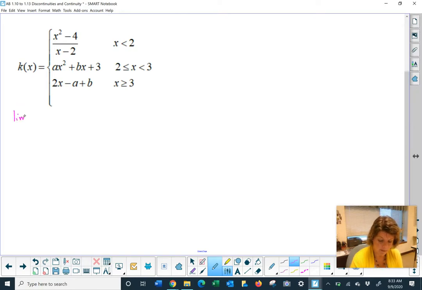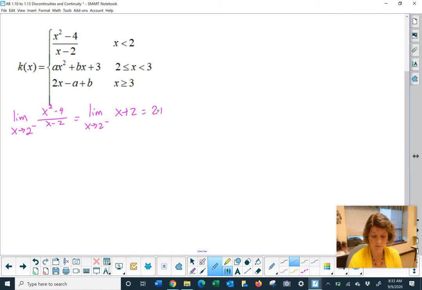The limit as x approaches 2 from the left would be x squared minus 4 over x minus 2. You've got difference of squares on top, so this will simplify down to x plus 2. I'd have 2 plus 2, which gives me 4.